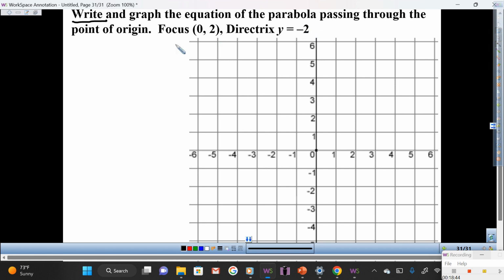All right, so what is the first thing I do? I look at the directrix. By looking at the directrix, tell your neighbor what equation we would write if I'm looking at the directrix. Diego Rosas.